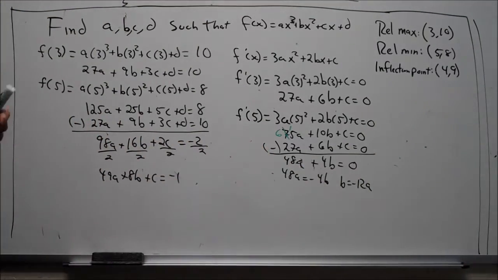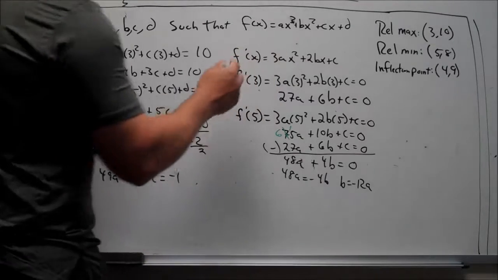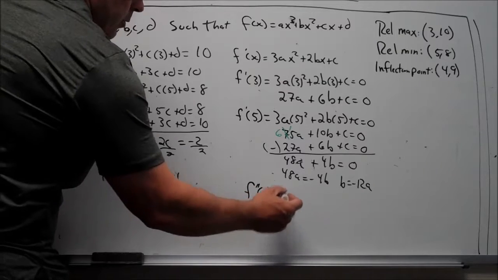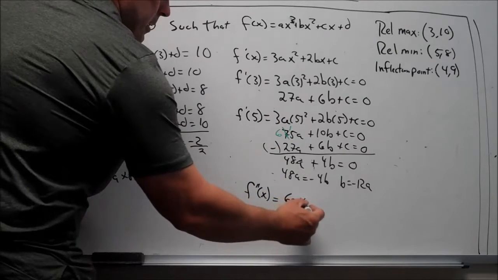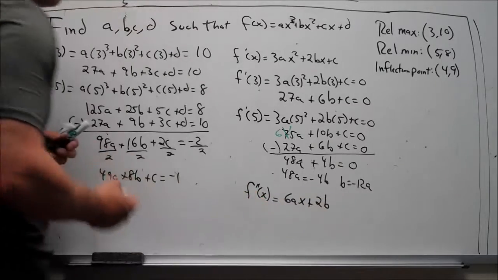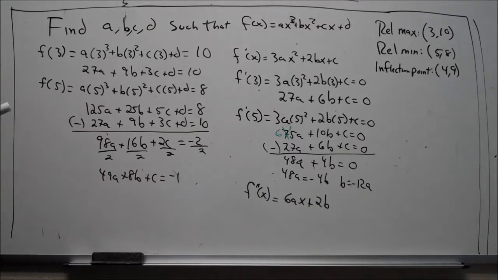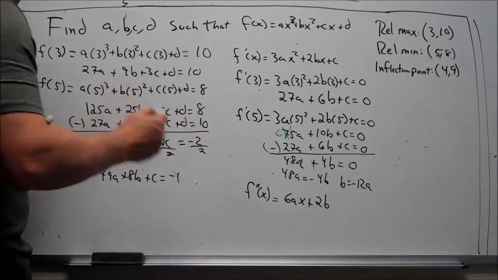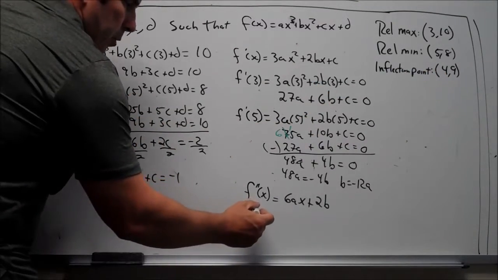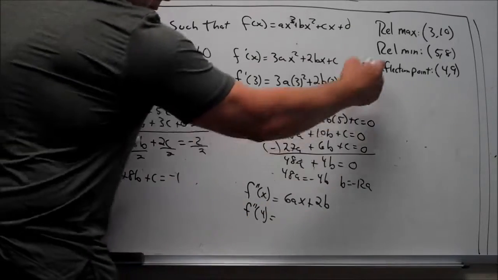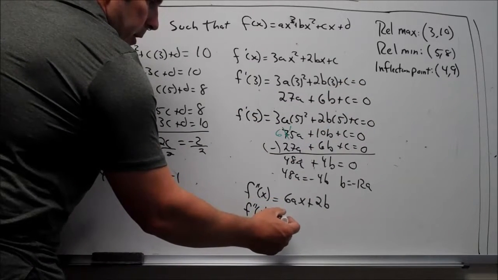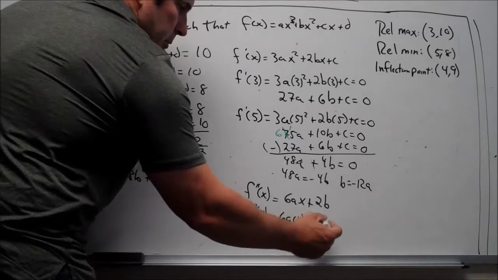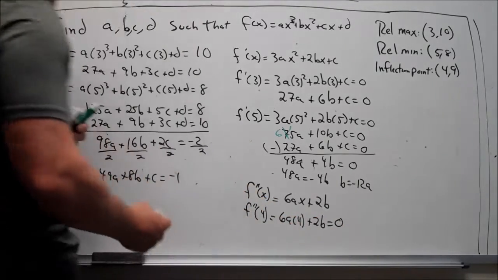Now let's do one more. How about that second derivative? The second derivative would give us f double prime of x equals 6ax plus 2b. And we know the second derivative is 0 whenever x is 4. So f double prime at 4, because that's an inflection point, is going to be 6a times 4 plus 2b, and that's going to be equal to 0.